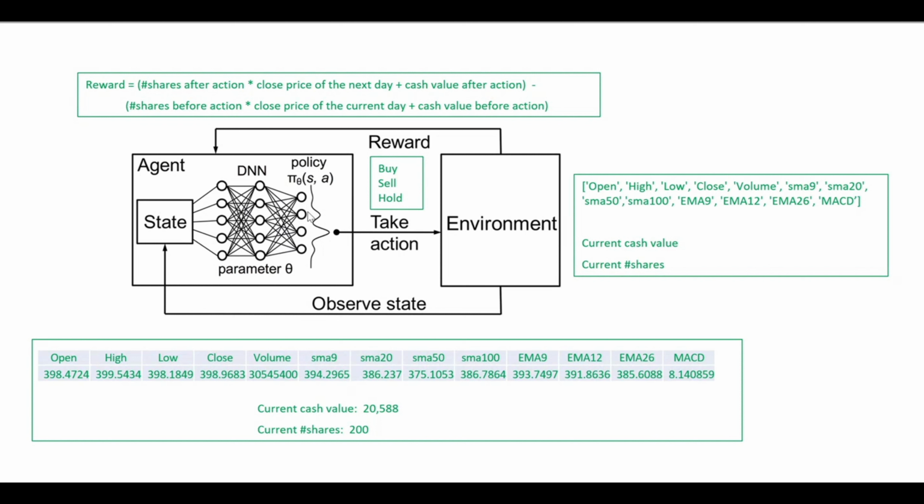So the Q values outputted by the network based on the current states become more and more meaningful. That means the actions that the agent is taking according to the output Q values will be more and more profitable. Okay, so those actions will bring more and more reward to the agent.